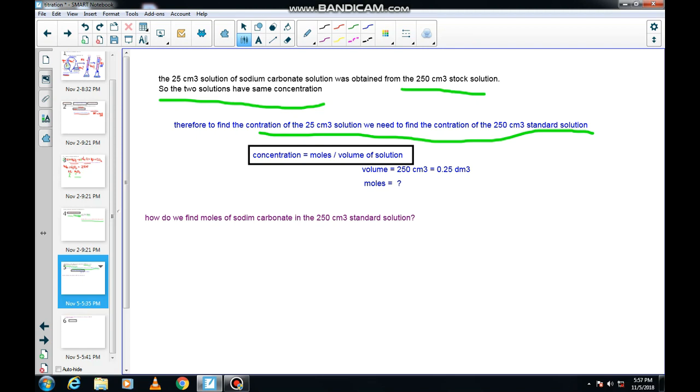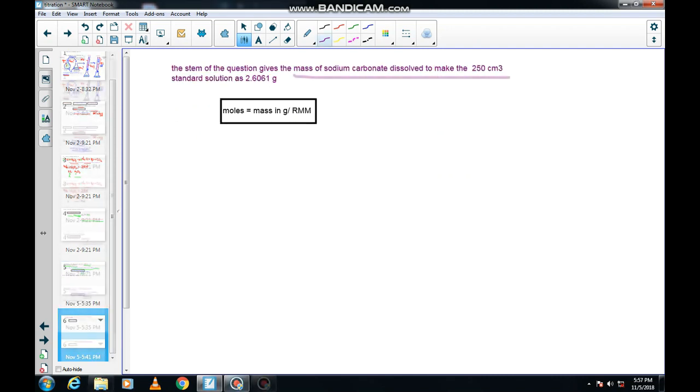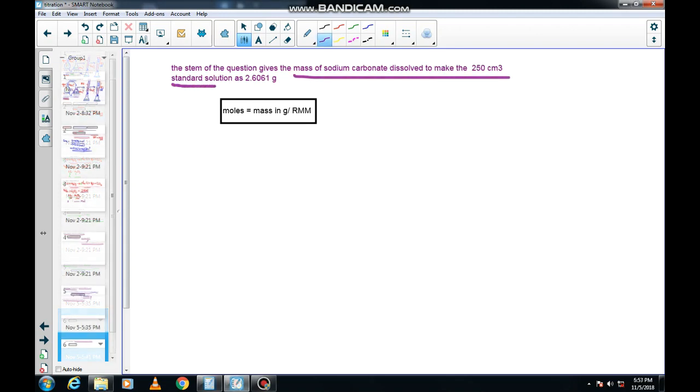The number of moles of sodium carbonate in the 250 cubic centimeter solution is not given, so we will not directly substitute here. We first of all have to find the number of moles in the 250 cubic centimeter solution. How do we find those moles?